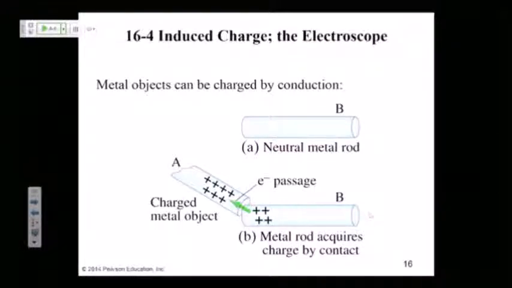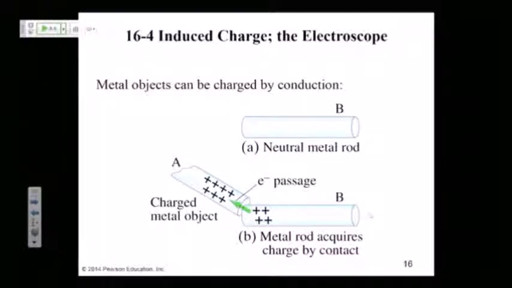If you allow two metals to touch each other, then charges will move from one metal to the other, because they are touching and conducting. We call it charging by conduction.